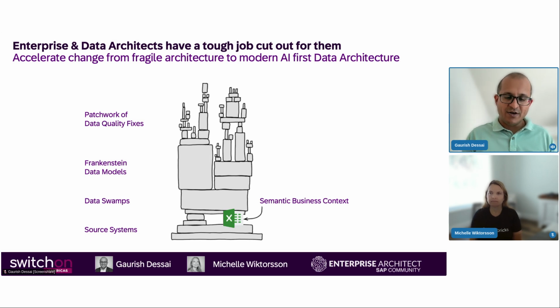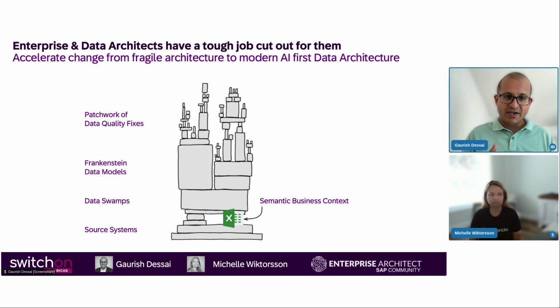I'm sure every organization today has a few Excel files which contain all the semantic business context, and if those files are deleted, corrupted, etc., it can bring down the whole reporting and analytics structure, right? And on top of that, we have built multiple data swamps, or pools of data, which are not governed properly and not checked for data quality.